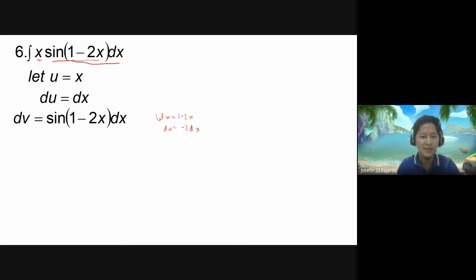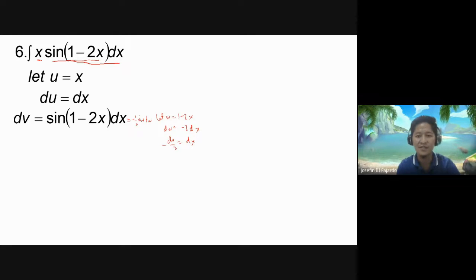So dw over negative 2 will be dx. So pwede natin siyang isulat as negative 1/2 sine w dw. Right?